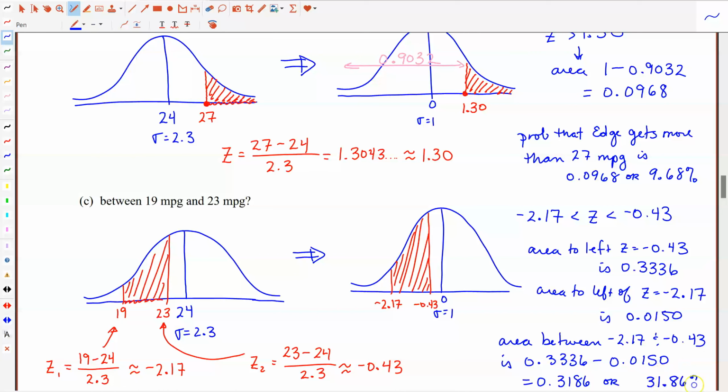So what we just found was there is a 31.86% chance that the car will get between 19 and 23 miles per gallon.